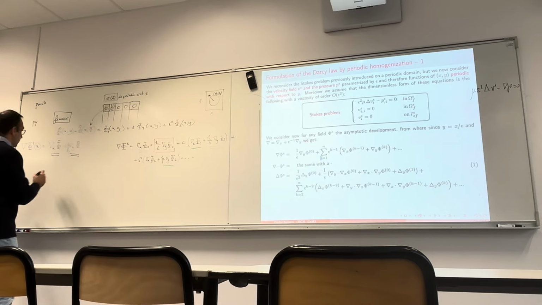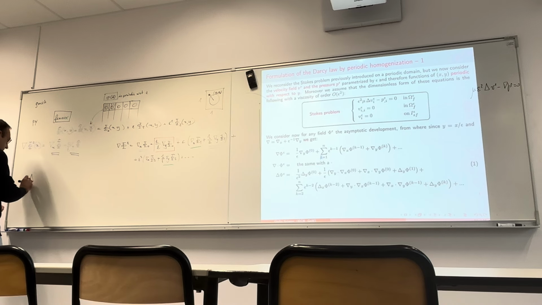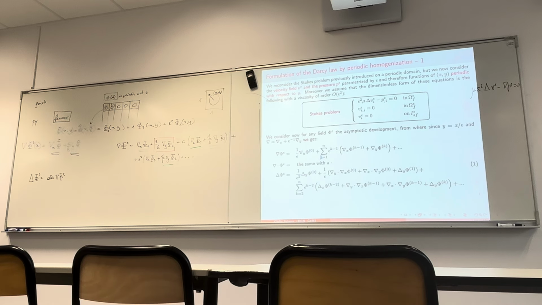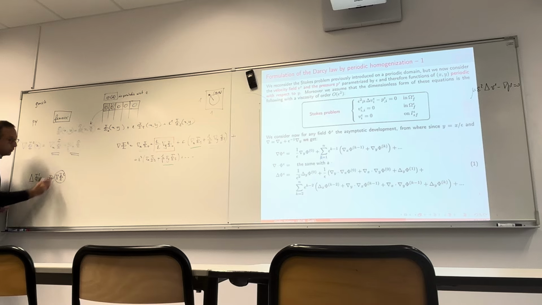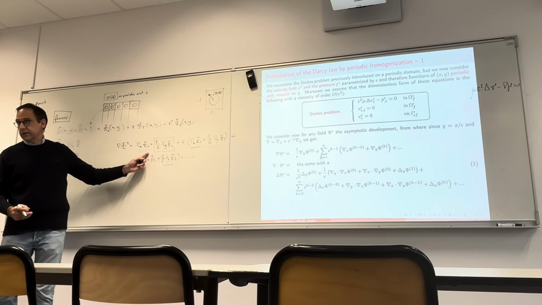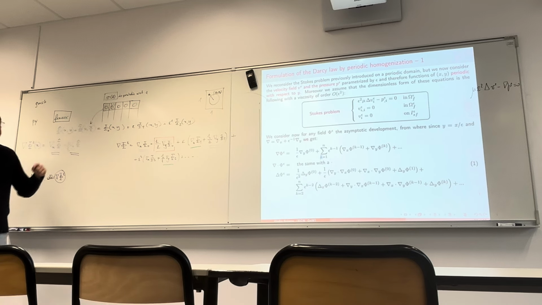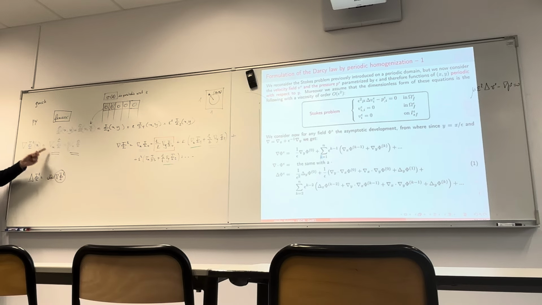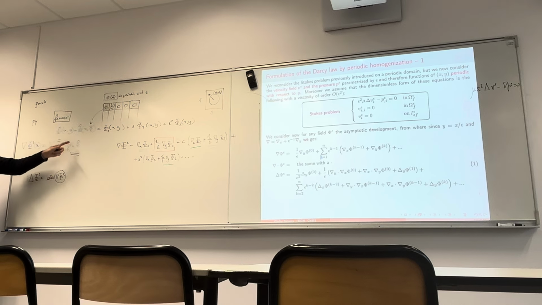So the Laplacian of phi epsilon is the divergence of the gradient of phi epsilon. For the gradient of phi epsilon, we have to use this expansion. For the divergence, it is like a gradient, so we have to use also the decomposition of the divergence into divergence x plus 1 by epsilon divergence y.